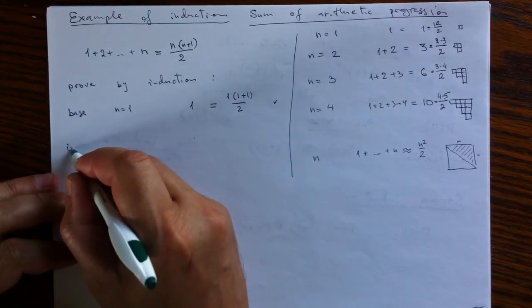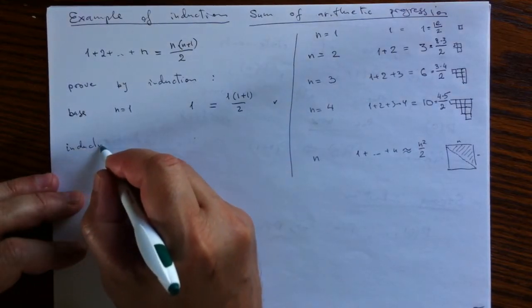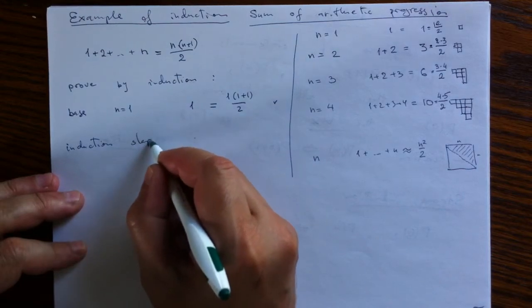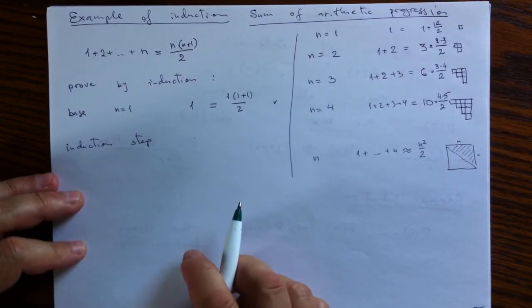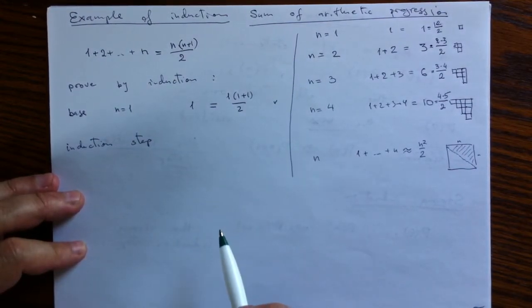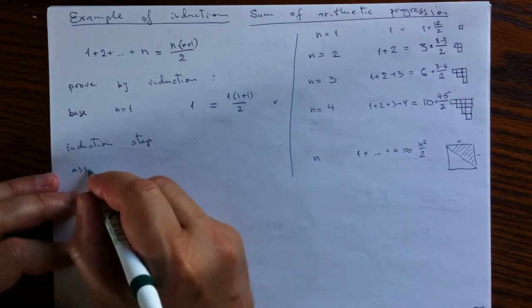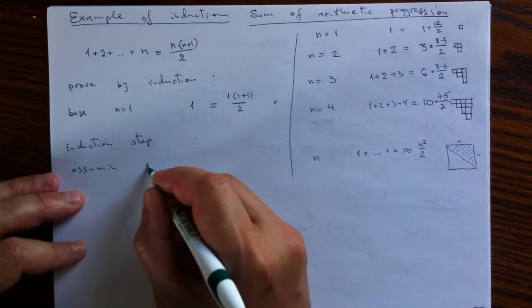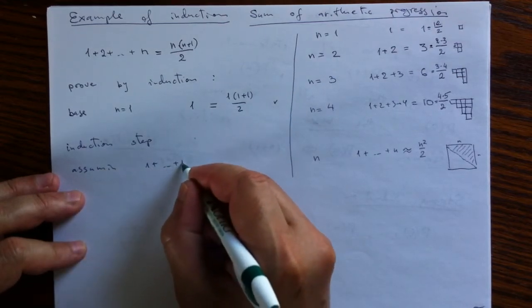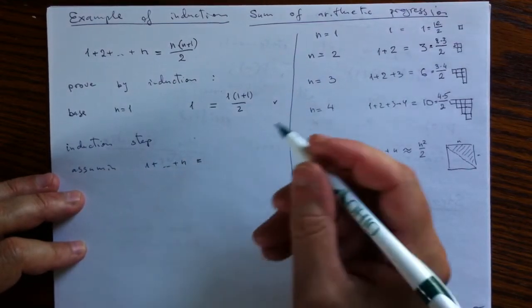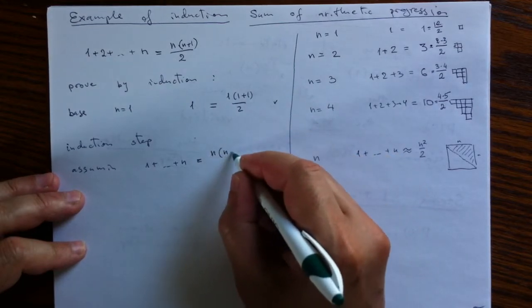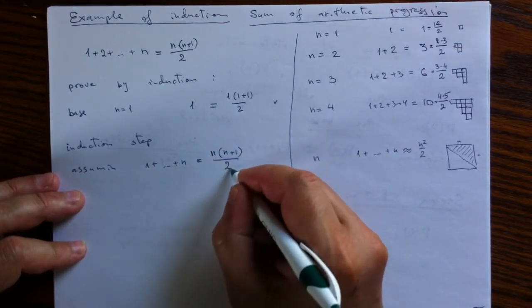Now I have to make an induction step. And I will do it in a simple version, so there will be a simple induction step, assuming statement number n, that the sum of the first n natural numbers is equal to n times n plus 1, and then halved.